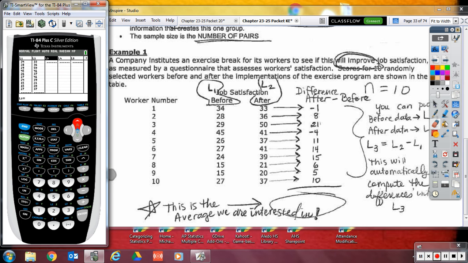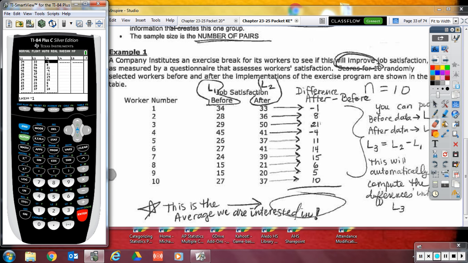So our cursor is on top of the L3, and we're going to go second L2 minus second L1 and enter, and then voila, all those differences go in there. Now, a mistake that could occur is if you had mismatched amounts in each column, L1 and L2 didn't line up. They could say dim mismatch error. Okay, that's a common error that could happen.